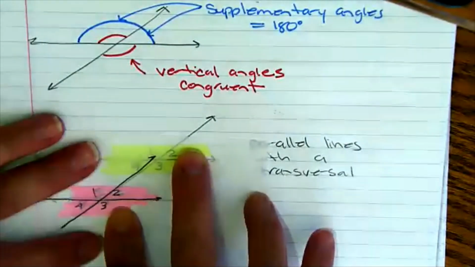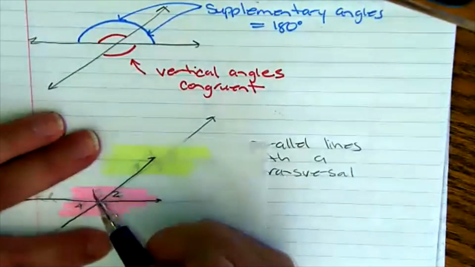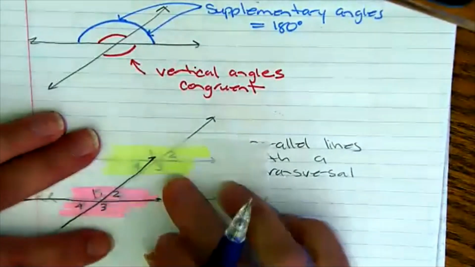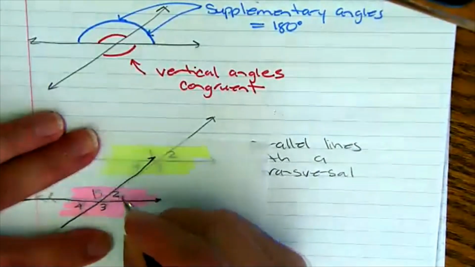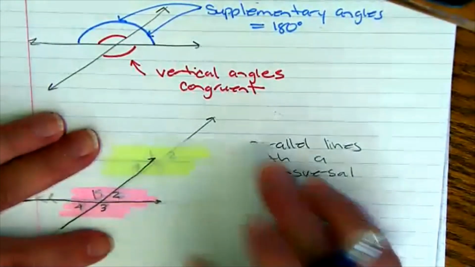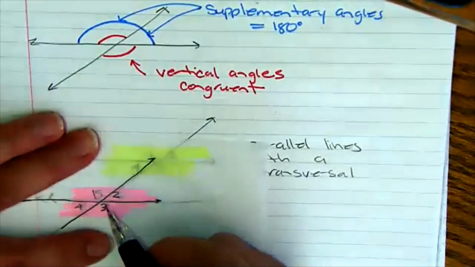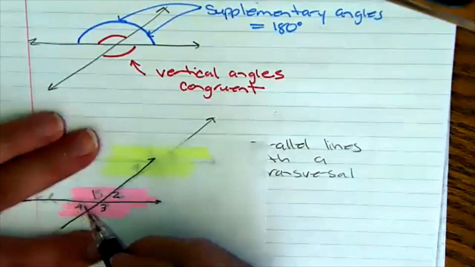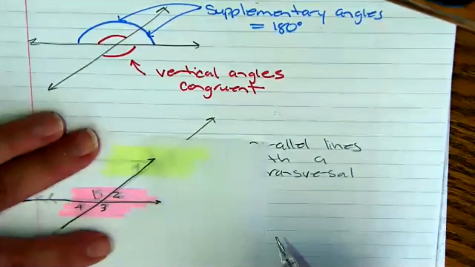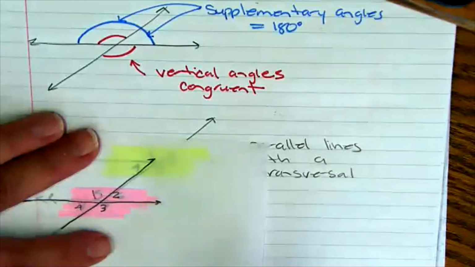And we have corresponding angles. Angle 1 corresponds with angle 5. They're congruent. Angle 2 corresponds to angle 6. They're congruent. Angle 3 corresponds with angle 7. They're congruent. And angle 4 corresponds with angle 8. They are congruent.